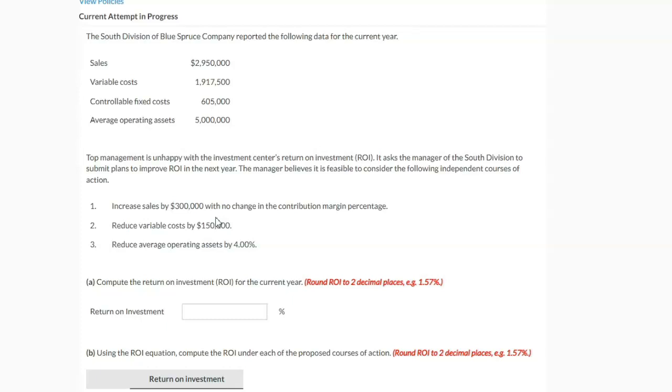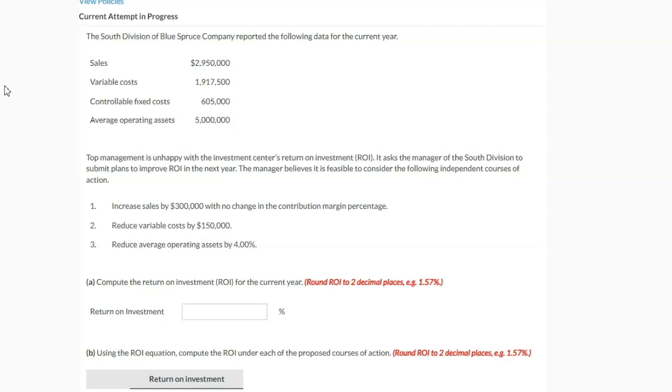Okay, so we'd have to go 2,950,000 minus 1,917,500. So the contribution margin is 1,032,500. How much? Yeah. We have the same number.